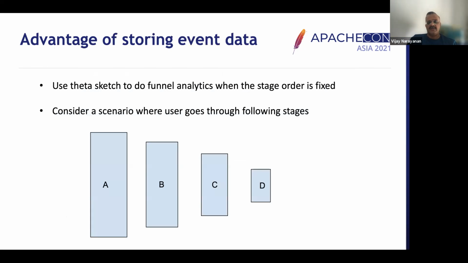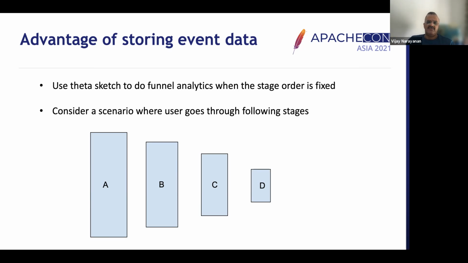Now that we have seen the ways of handling what I would think of as traditional analytics on transactional data in Druid, what more can you do with transactional data or event data or sessionized data in Druid? One approach is to use funnel analytics to understand how users are transitioning from one stage to another.